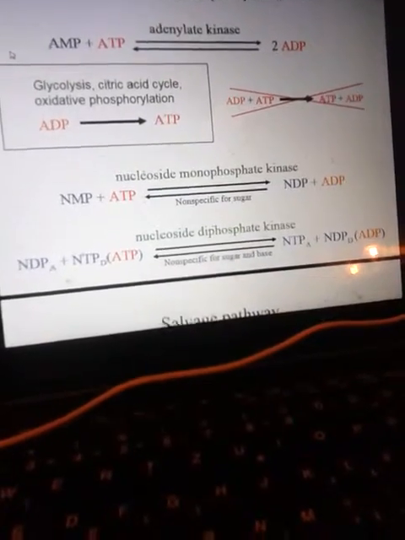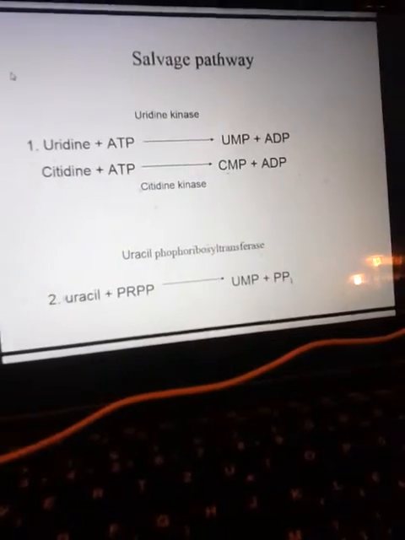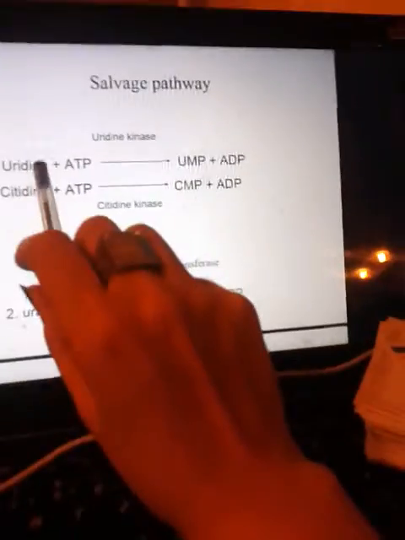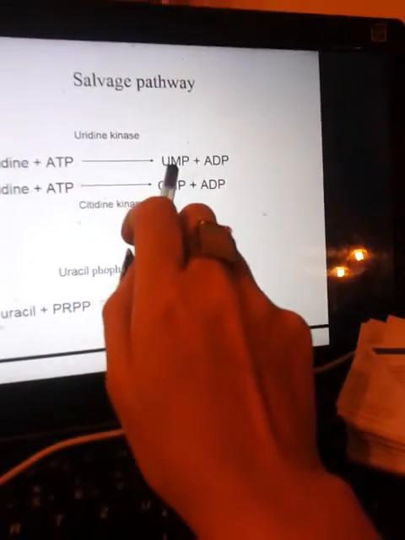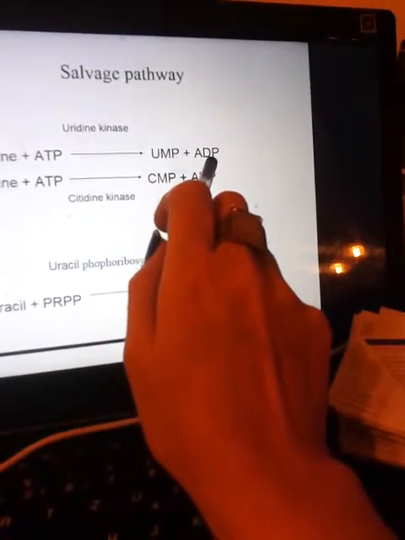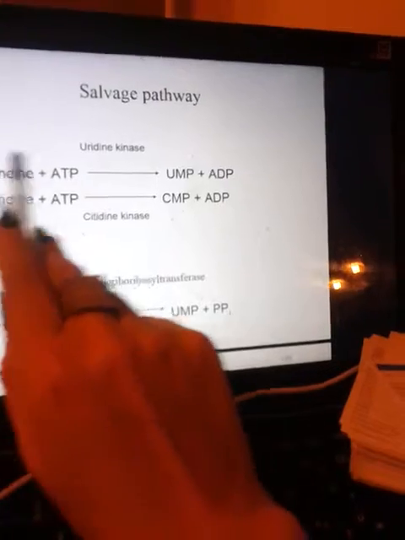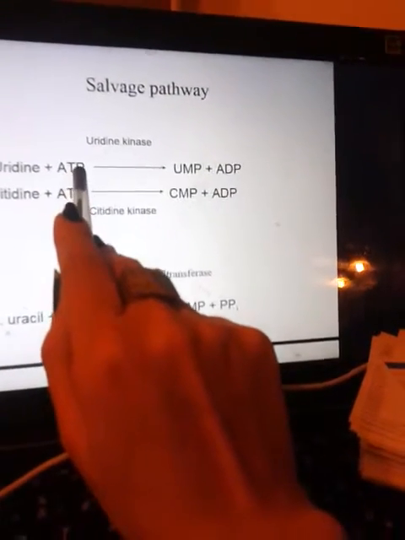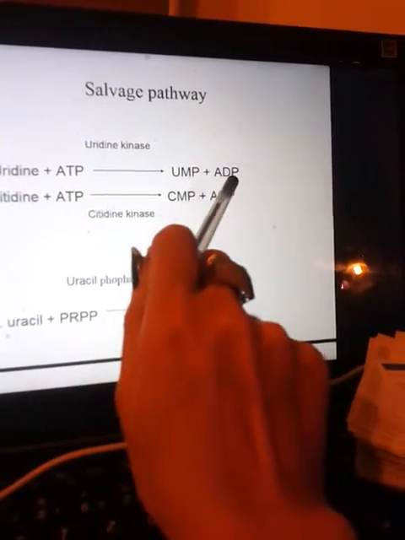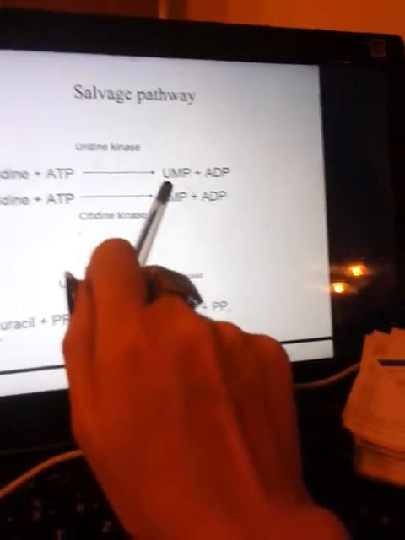Good? Salvage pathway. What is the salvage pathway? In the salvage pathway, uridine plus ATP can produce UMP plus ADP. Just the uridine, the pure nucleoside, gets one phosphate from ATP. The ATP becomes ADP, and UMP, uridyl monophosphate, is produced.